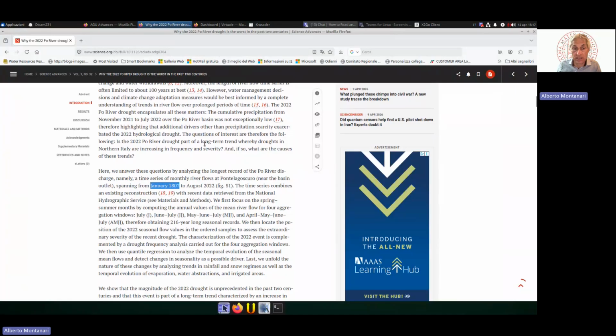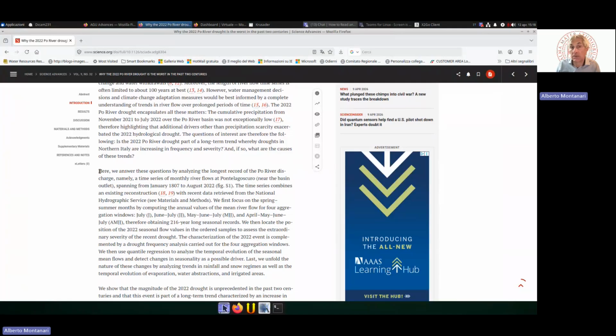So this, I understand, is already a paragraph describing the methods, how the severity of the drought is estimated, how the impact of climate change may be estimated. So what are the causes? Why was the Po River drought of 2022 so severe? And then I already learned that here the main focus of the paper is an analysis of this long series of historical data.